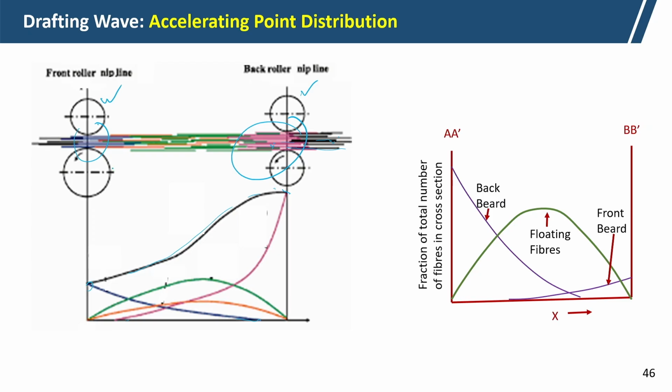Similarly, we have seen this blue fiber. Here again, this pink fiber's accelerating point is the maximum, and then it is gradually reducing. For the floating fibers that we have already seen, the accelerating point is at the maximum in the middle.